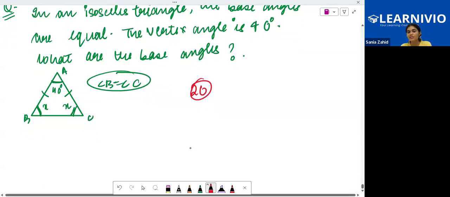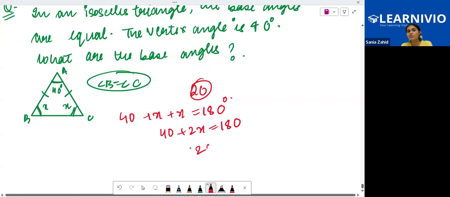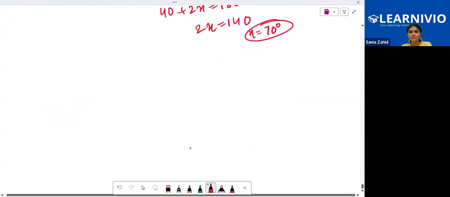The angle sum property says that the sum of all the angles is equal to 180. So 40 plus 2x is equal to 180. 2x is equal to 140 and x is equal to 70 degrees. Understood? Yes, ma'am.